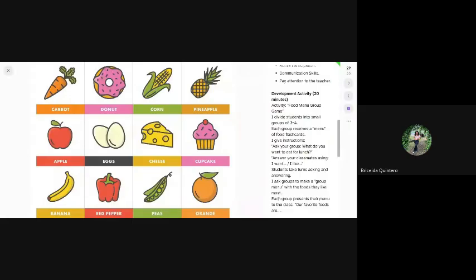The verbs they practice are want and like. Students take turns asking and answering. I ask some groups to make a menu with the food they like most. Each group presents their menu to the class, using simple sentences, because it is very hard for them to speak.